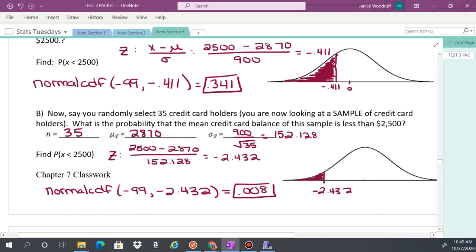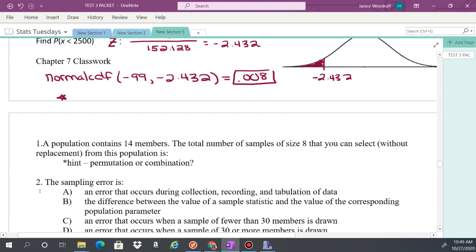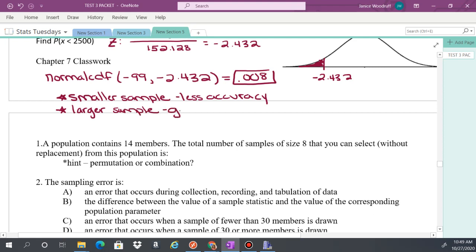So really, if you wanted to take a key here, a smaller sample is going to have less accuracy. And a larger sample is going to have a greater accuracy.